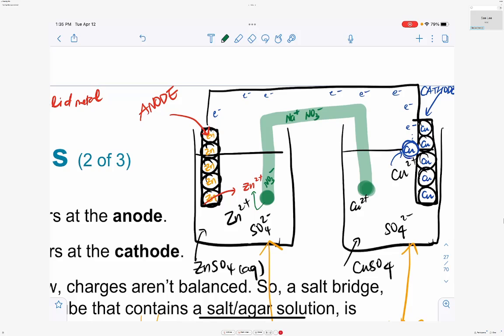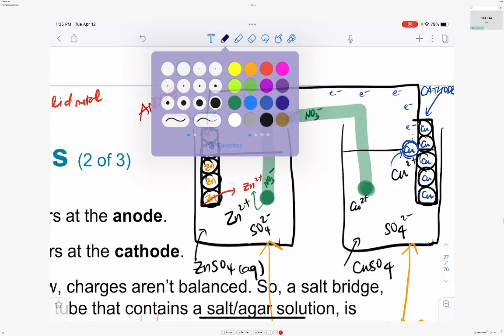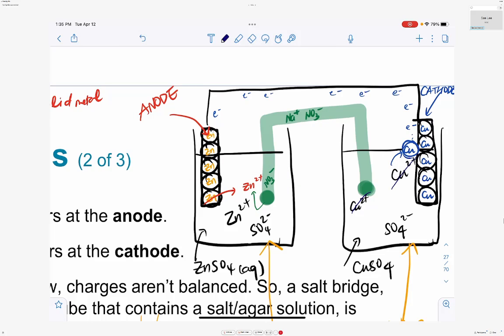Okay, if you look at the right side of the beaker, due to the continuous reduction, you will have less and less of the copper 2 plus as time goes by, and you will have this sulfate getting built up.